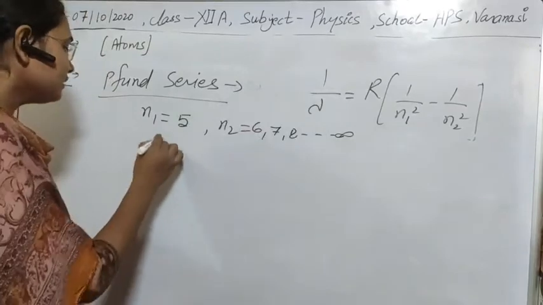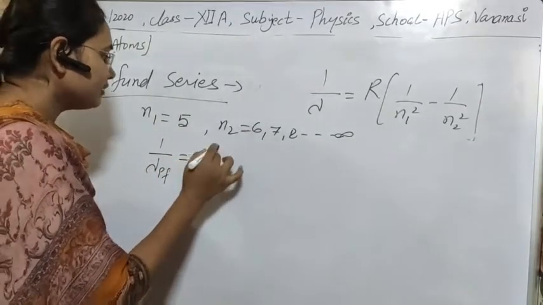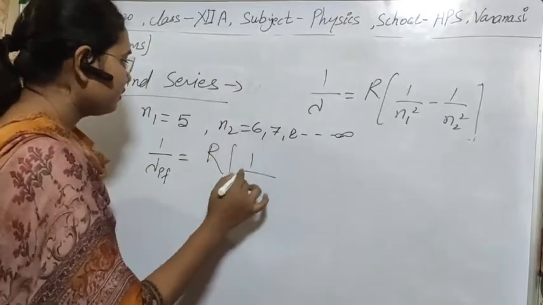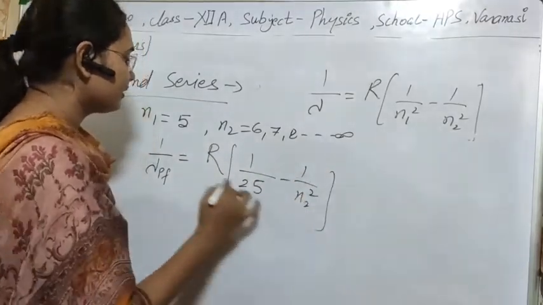Then we can write the wavelength for the Pfund series: 1 by lambda equals R times (1 upon 25 minus 1 upon n2 square).